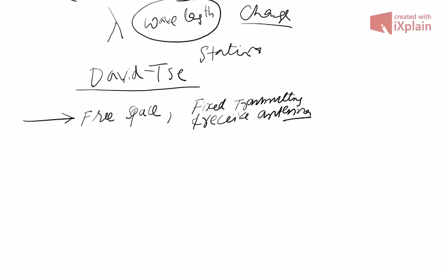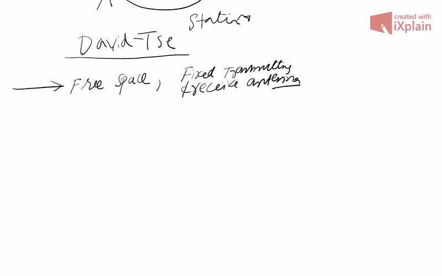Now how will the field appear? You know that what we transmit via antenna is a sinusoidal wave, right? So at the source, if you transmit cos of 2 pi f t, where f is definitely the carrier frequency, this is the source, right?